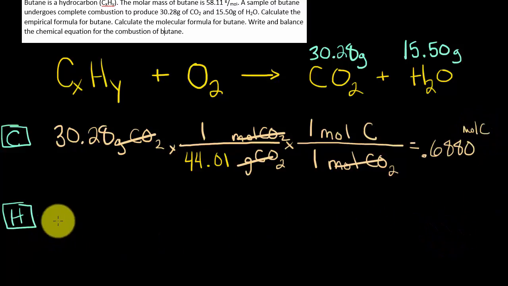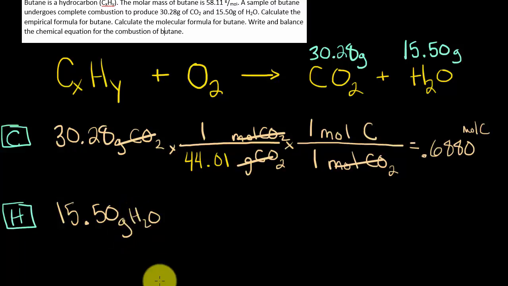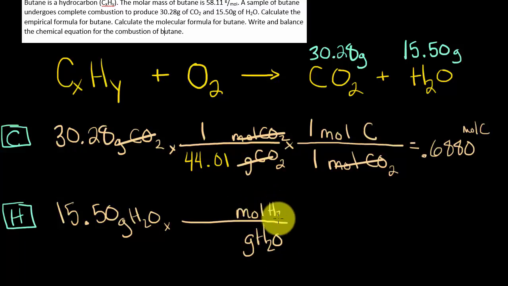So we're going to do the same thing down here for water. We have 15.50 grams of water. And we want to go from grams of water to moles of hydrogen. So our first step, much like with CO2, is to go from grams of water to moles of water.